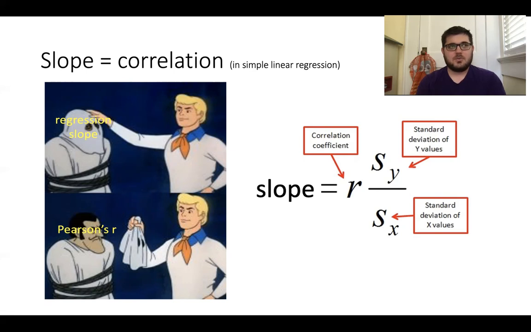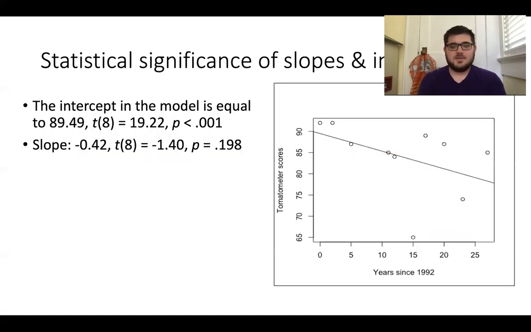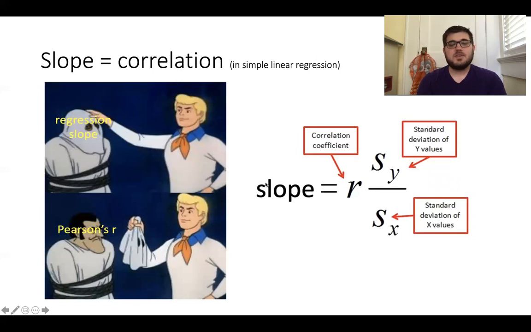If you were to flip it around and, instead of trying to predict tomato meter scores from the year, say, you give me a tomato meter score and I'll predict what year that came out, that's not going to change the significance at all. The slope is going to change, but the slope is based on the correlation, and the correlation does not change.